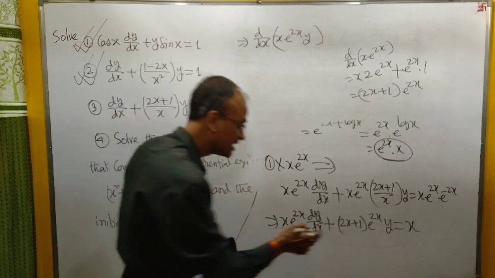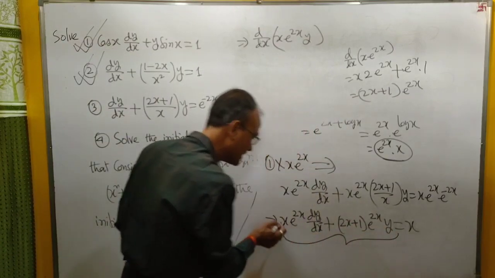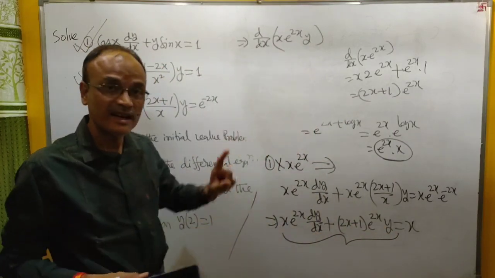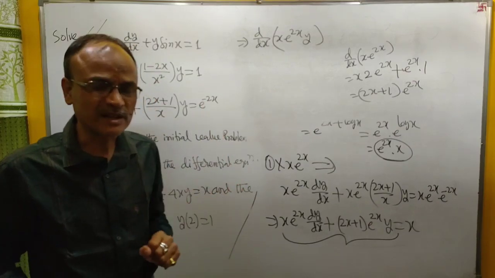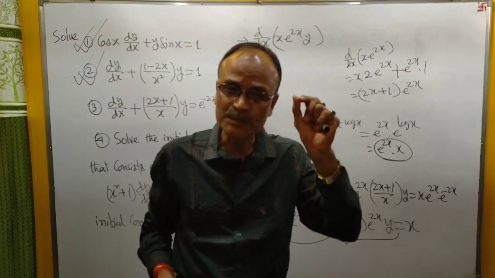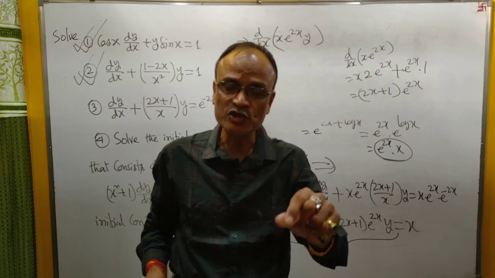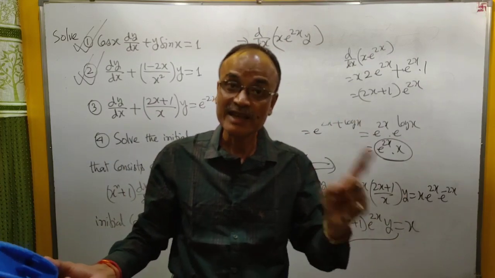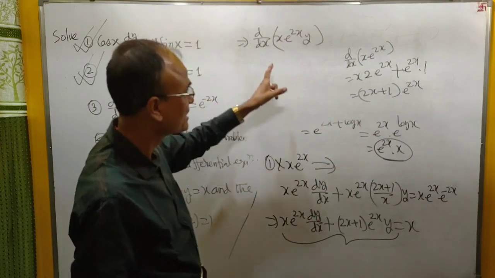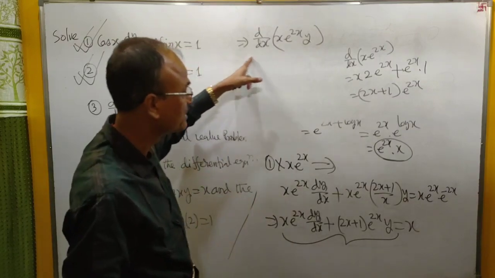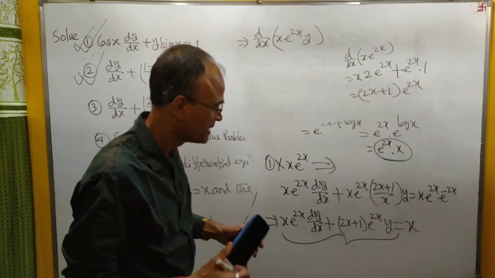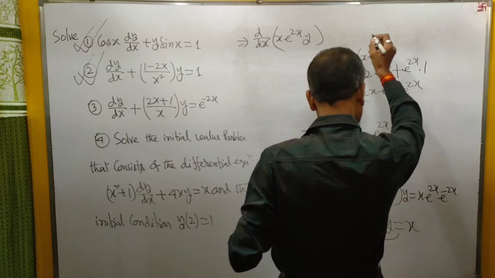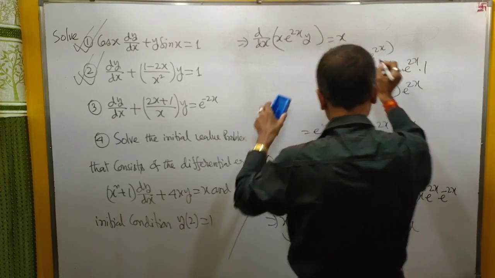Therefore, this expression can be written as this. If you find the integrating factor and multiply the differential equation by it, then the left-hand side will always become a perfect differential. This is equal to x.